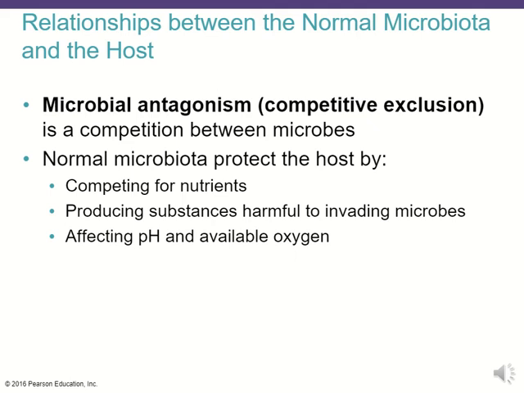Our normal gut bacteria and bacteria in our body protect their host by competing for nutrients, preventing them from being readily available to harmful bacteria, and also producing substances that are harmful to invading microbes, and by affecting the pH and the level of oxygen that would otherwise harm bacteria that we would not want in those parts of our body.